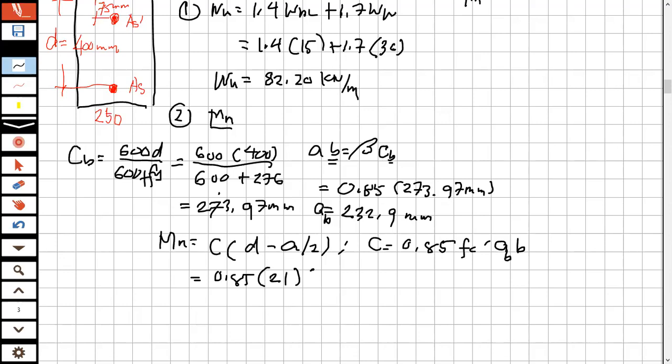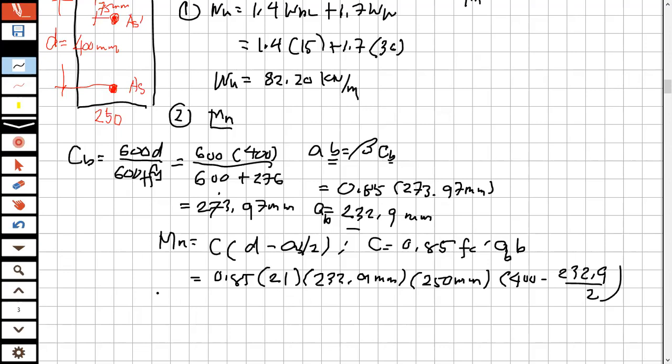0.85 f c prime. AB, na-calculate na natin, 232.9 millimeters. B, it is 250 millimeters. D is equal to 400 minus A or AB over 2, 232.9 over 2.